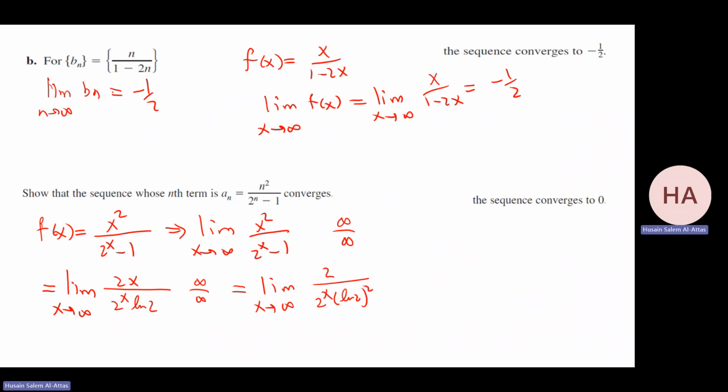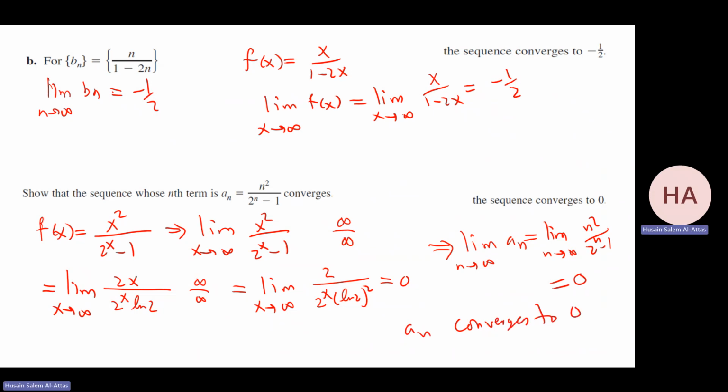Now, if I apply the infinity, I have 2 over infinity, which is 0. So for this sequence, the limit of a_n when n goes to infinity will be 0. So it converges to 0. a_n converges to 0.